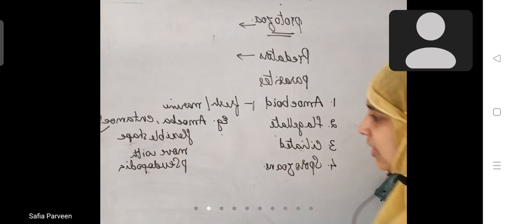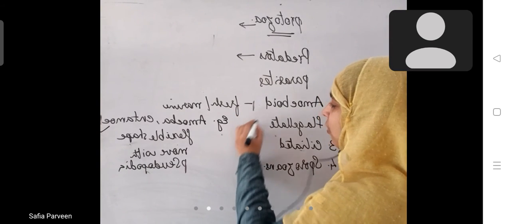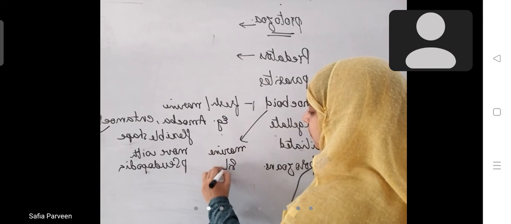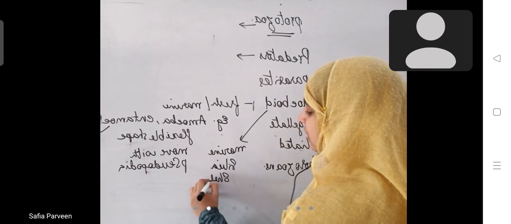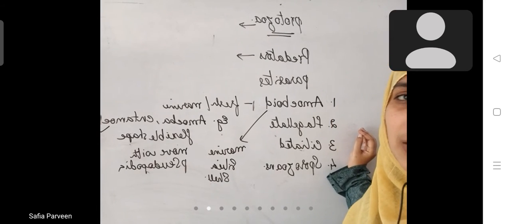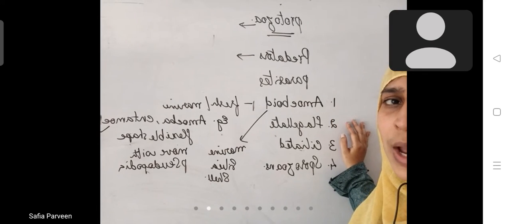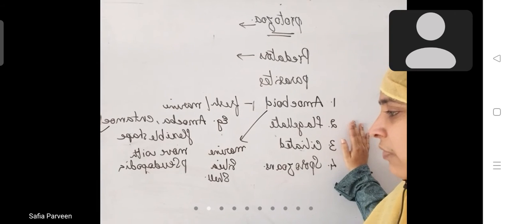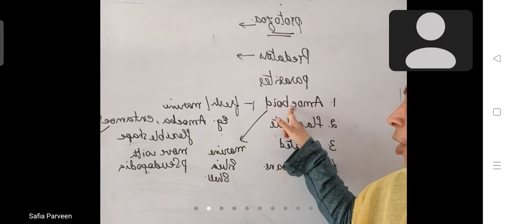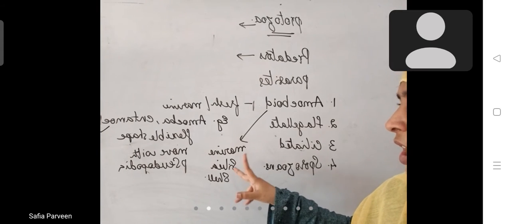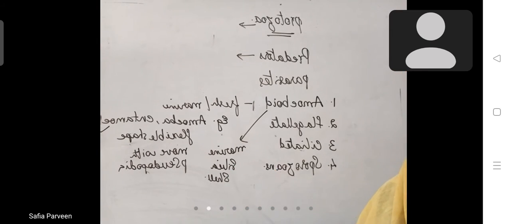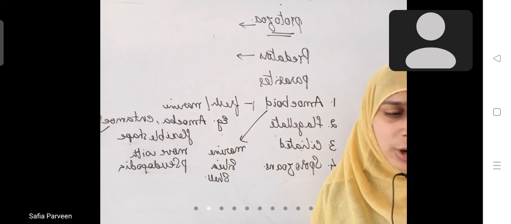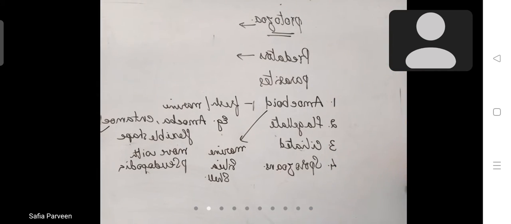The marine forms of amoeboids have a silica shell. We have discussed silica shells in chrysophytes; same like that, this also has a silica shell. Other freshwater creatures like amoeba or entamoeba do not have any shell around them, right? The second type, flagellate.